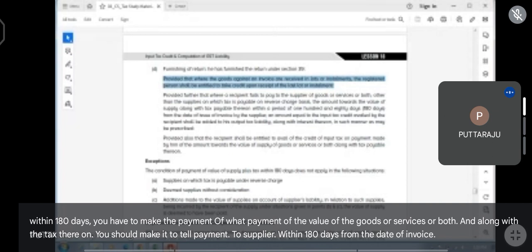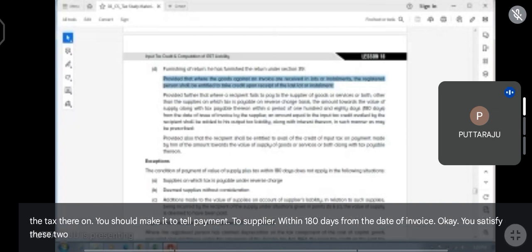Okay. If you satisfy these two conditions, if you are receiving in lots, then you take the ITC only on the receipt of the last lot.